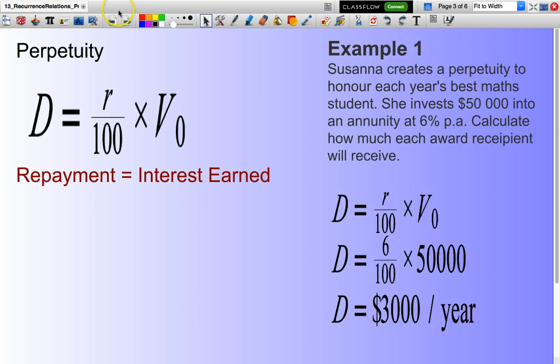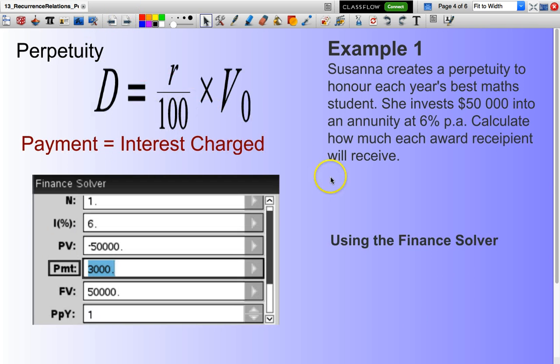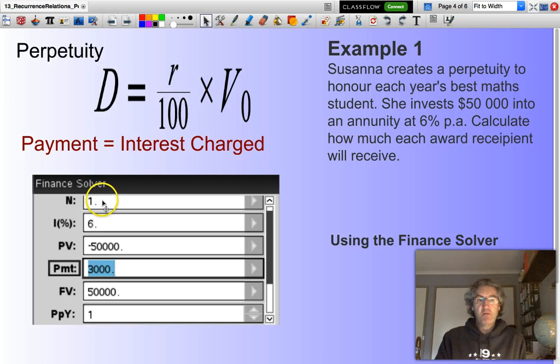Now, sure, we can do this mathematically with a little bit of algebra, or we can use our calculator. And again, what you'll notice here, we actually have one payment, and our payments per year is 1, because we're only looking at our interest rate of just 6%.